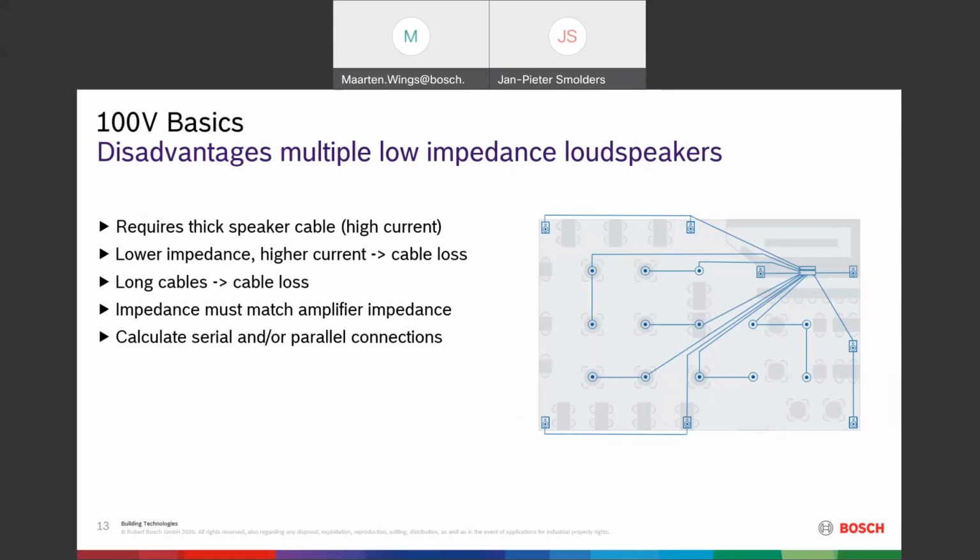So you have to be really aware of what you're doing here. It's difficult to install. On the right side here you see a picture of low impedance loudspeakers connected. You need a lot of wiring, because you cannot just connect all loudspeakers with one wire to that amplifier, because of the reasons we just talked about.